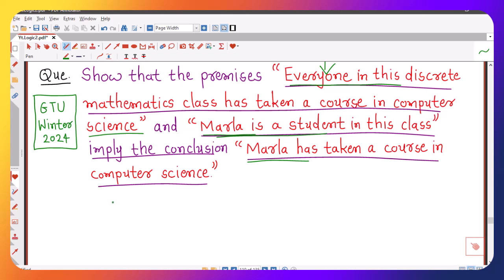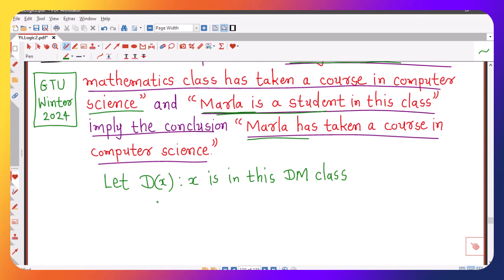We will use two notations. Suppose d of x is the notation that x is in the discrete mathematics class, which I will write shortly as DM.